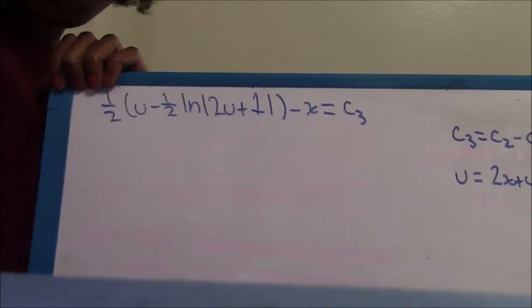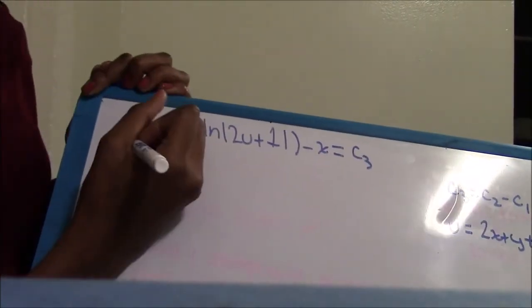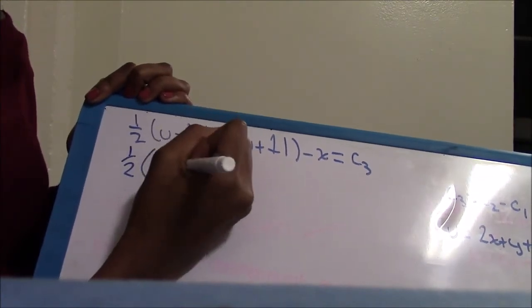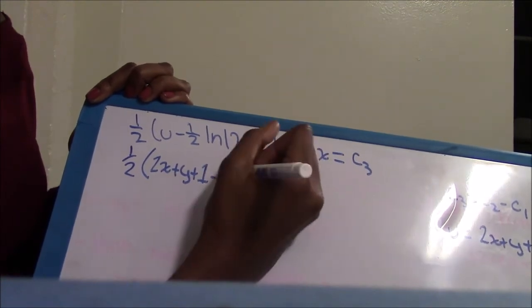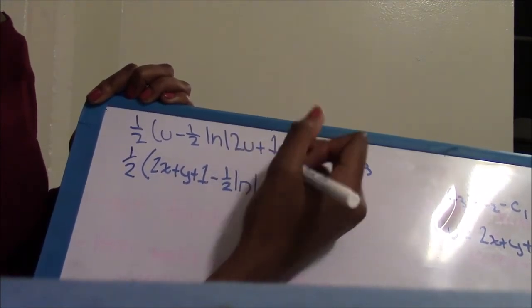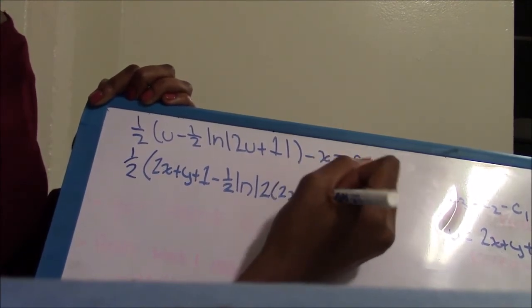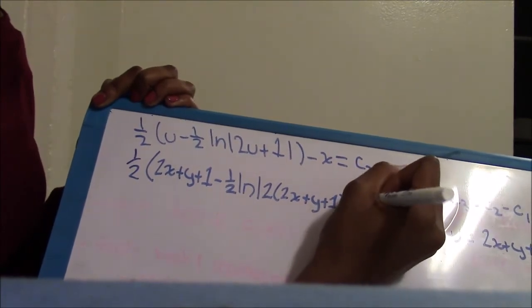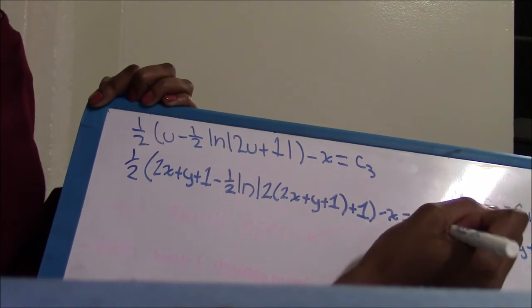Now we're going to put in 2x plus y plus 1 every time we see a U. So we're going to have 1/2 times the quantity of 2x plus y plus 1 minus 1/2 ln of absolute value of 2 times 2x plus y plus 1 plus 1 minus x equals C3.